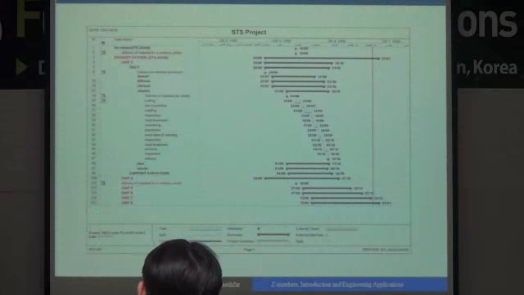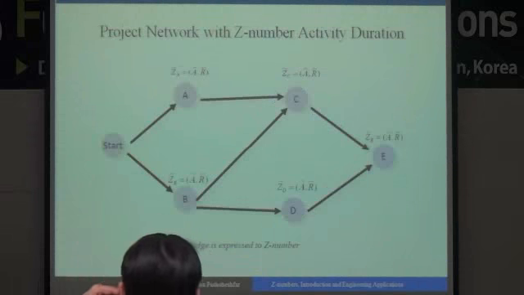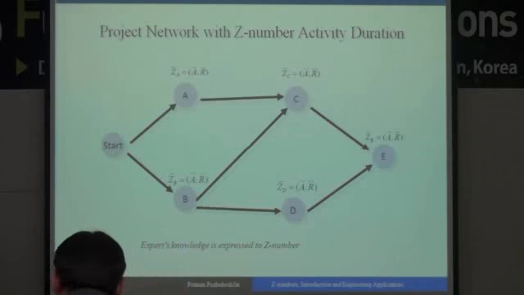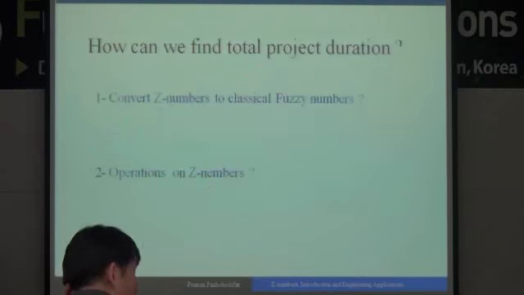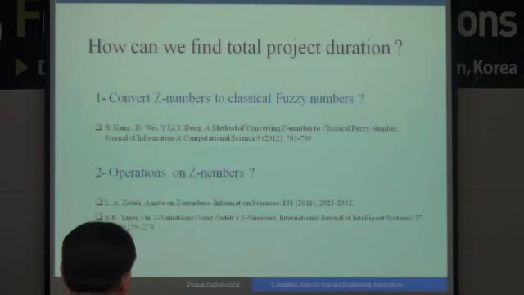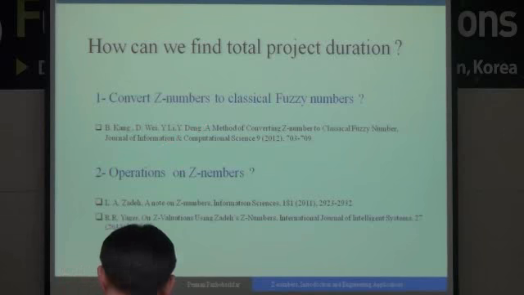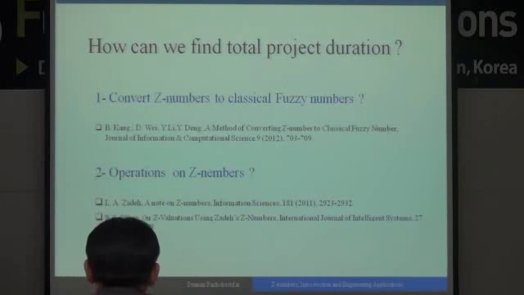The project managers deal with a lot of information which is expressed as Z numbers, because it's usually uncertain and experts' knowledge is expressed in Z numbers. So how can we find the total project time duration when activity times are based on Z numbers? The first way is to convert Z numbers to classical fuzzy numbers, and another is to calculate directly with Z numbers.